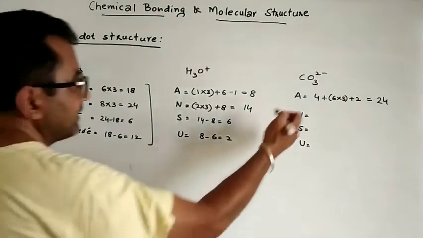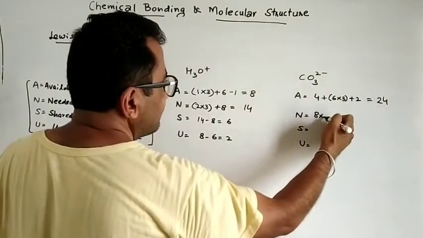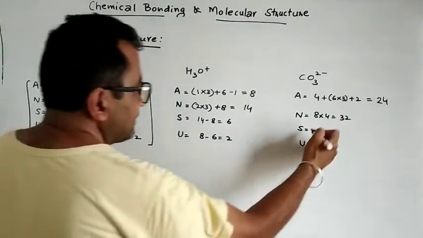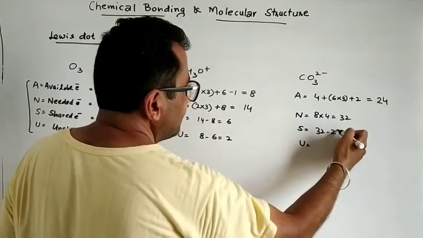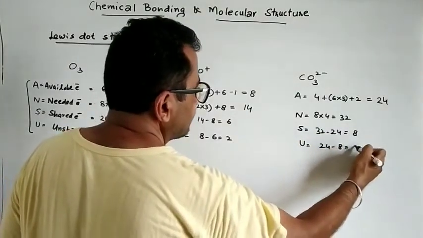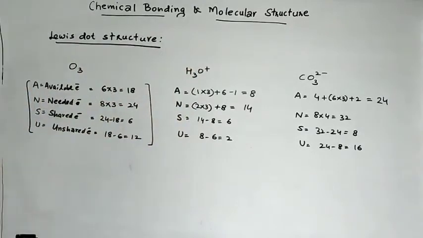How many atoms are there? 3 oxygen, 1 carbon. So 32 electrons are required. What is S? 32 minus 24, 8. And 24 minus 8, 16. So first you find this A and S. We will use S and U out of these.